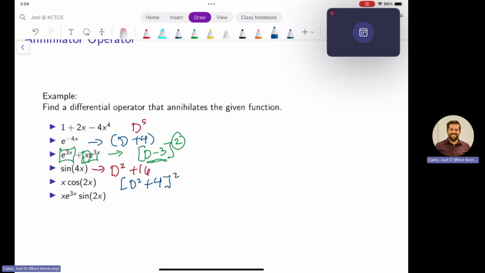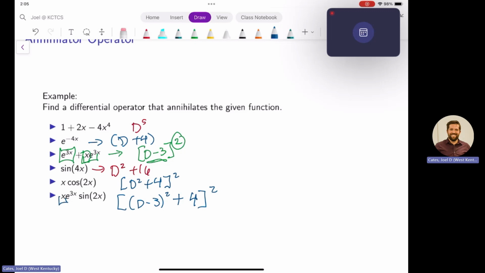And then when it comes to x e to the 3x plus sine of 2x, what I'm going to need is D minus 3 squared plus 4 for the coefficient on x within sine, and then this is squared to take care of that x right there.